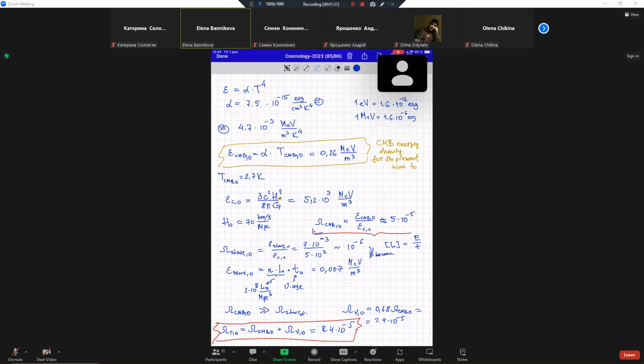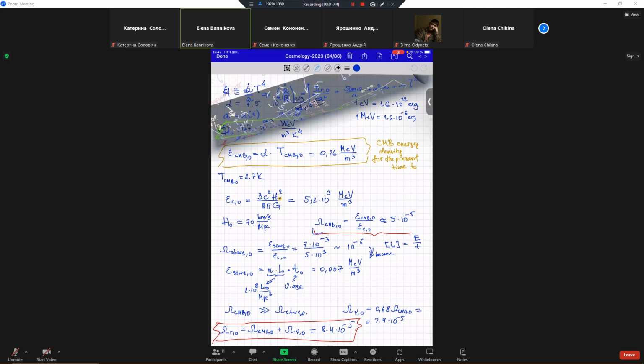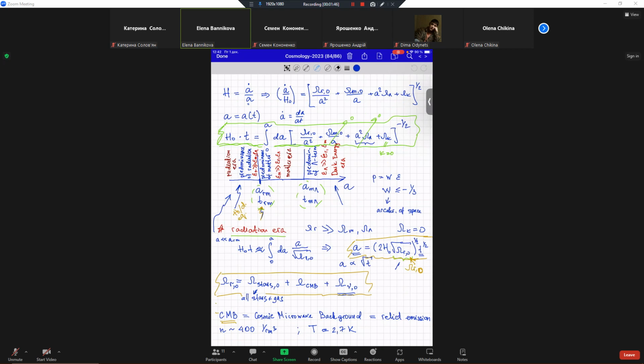So we are working with a multi-component model of the universe. What is important is that we understood that we can divide the evolution of the universe into 3 stages, just looking at the solution of the Friedmann-Lemaitre equation.